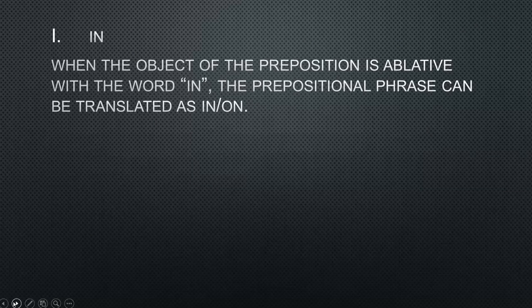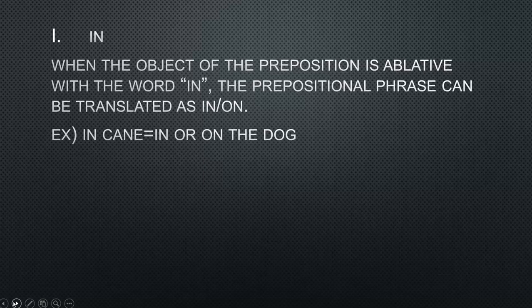The last thing you need to learn about ablative is the use of it with the word in. When the object of the preposition is ablative with the word in, the prepositional phrase is translated as either in or on. For example, in cane can say in or on the dog because cane is in the ablative case.